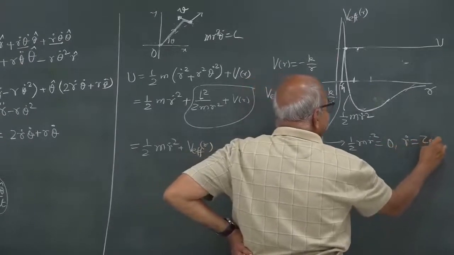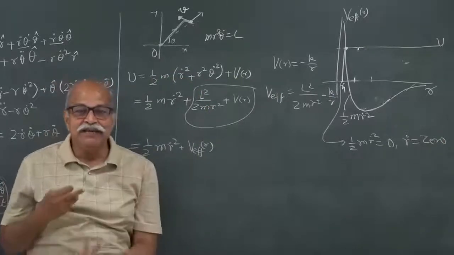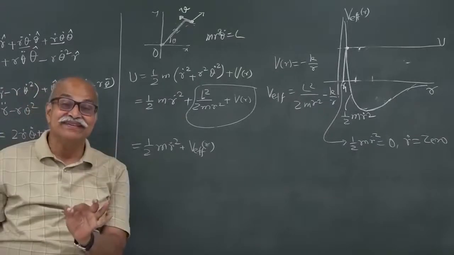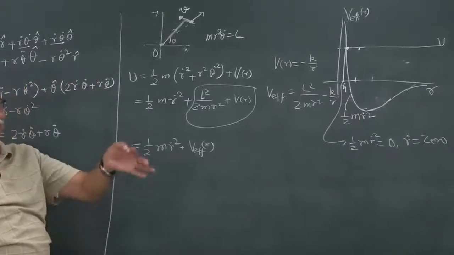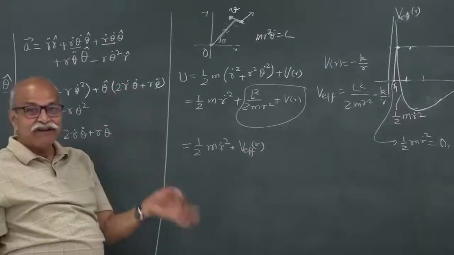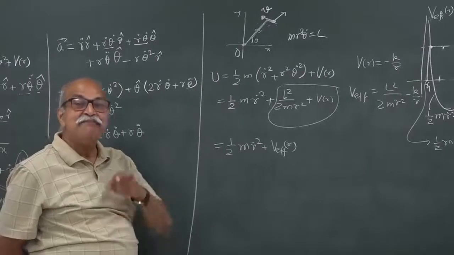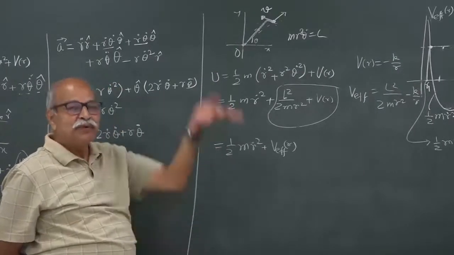What does that mean? That means dr/dt is 0. r is a function of time, and dr/dt equal to 0 means it can be a maximum, a minimum, or a point of inflection.